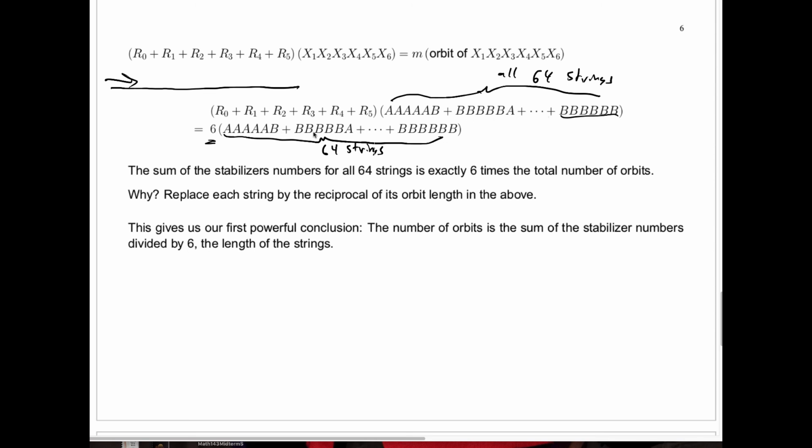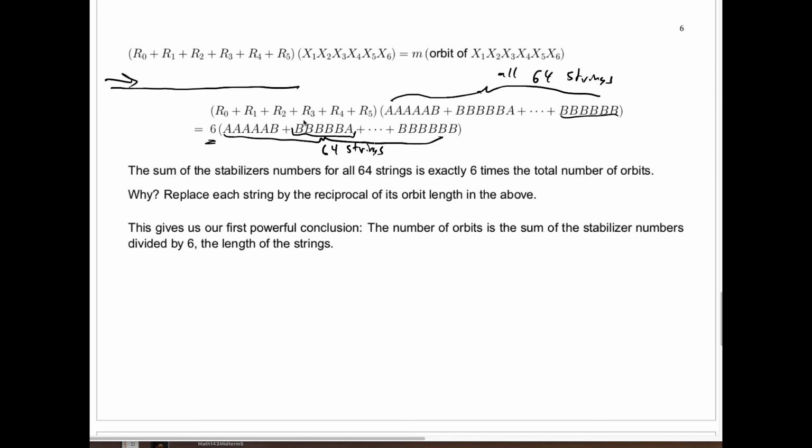Why is it true that every single string of the 64 strings will be repeated exactly 6 times at the end? Well, look at one of these strings here in the end result. Why is it repeated 6 times when you do this? Well, of course, it comes once from the string itself when you apply R0. But it will also come when you take a different string and apply R1. What is that different string? That different string would be R5 times this string, because then when you apply R1 to it, you'll get R1 times R5 times the string, which gets you back to the original string itself.